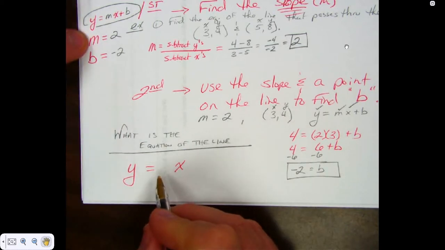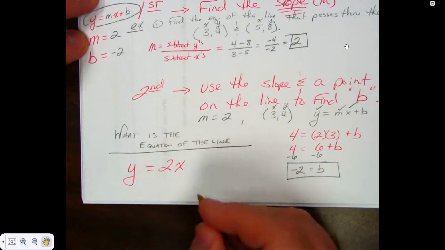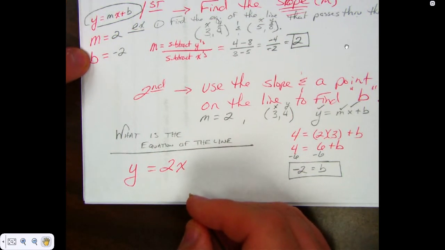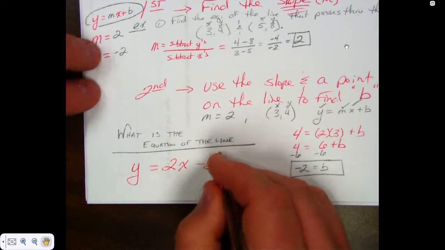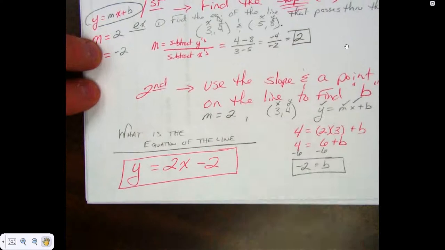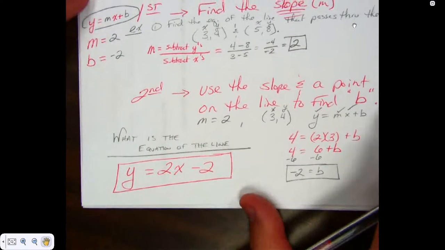I found my slope to be 2, did I not? So if I put a 2 in there, what did I find B to be? So what do I put in here? And I have now found what? The equation of the line.